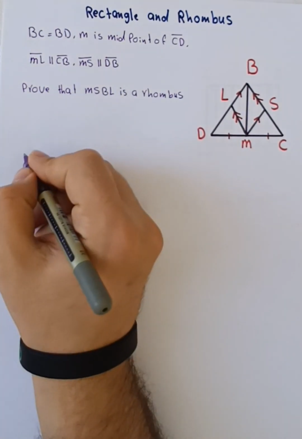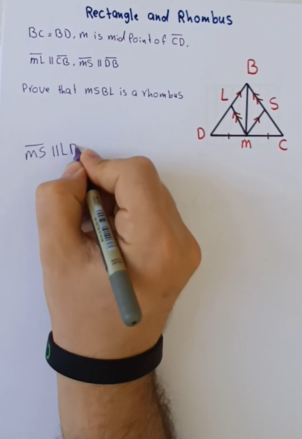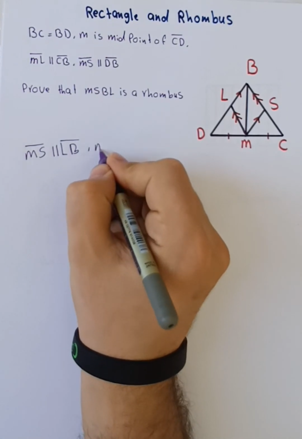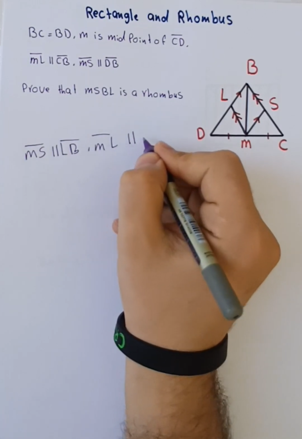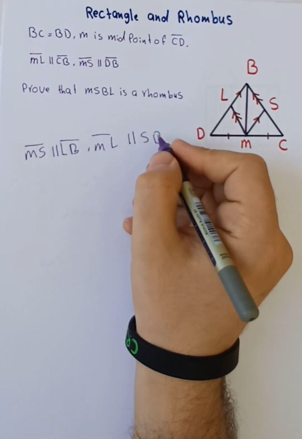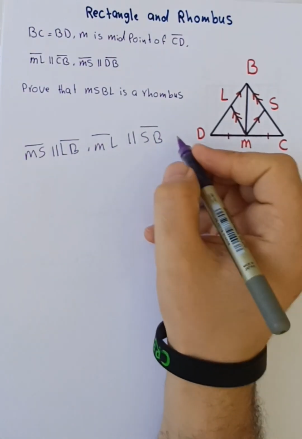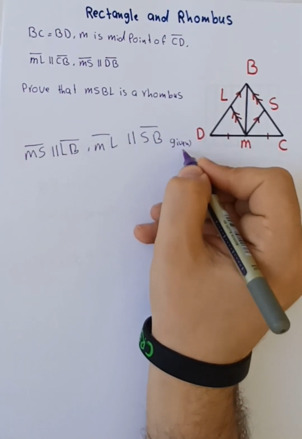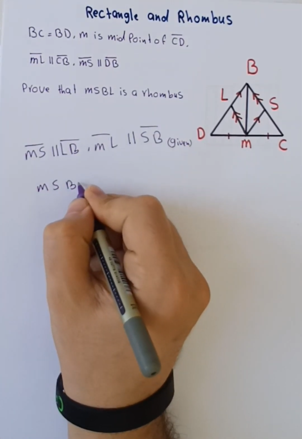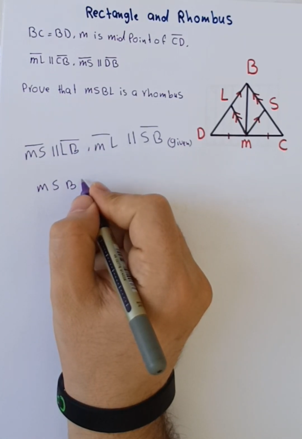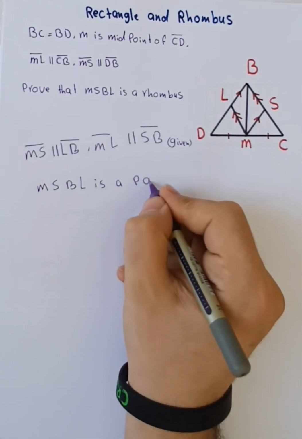So we can say the line segment MS is parallel to LB, and ML is parallel to SB. So this is given. So we can say MSBL is a parallelogram.